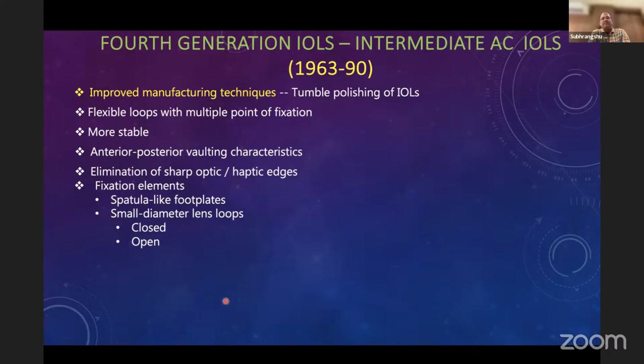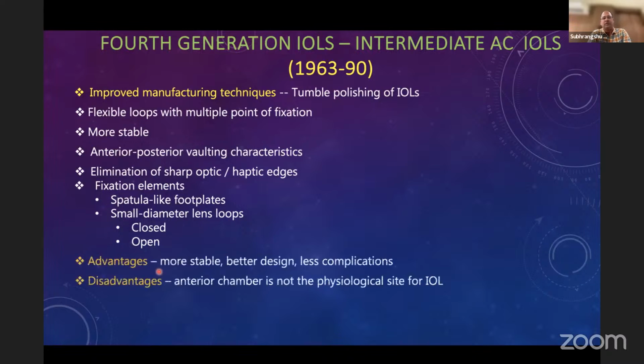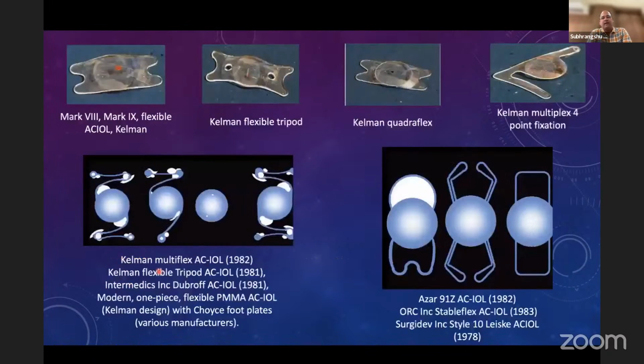So they were flexible loops with multiple points of fixation. They were more stable, and the fixation elements were either spatula-like footplates or smaller diameter lens loops, which could be closed or open. So they were more stable, design was better, less complications. But of course, we must remember the anterior chamber is still not the physiological site for an IOL. So these are the various 4th generation IOL models that were in vogue.